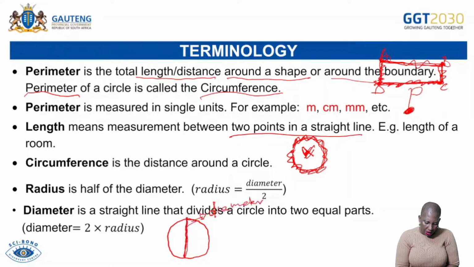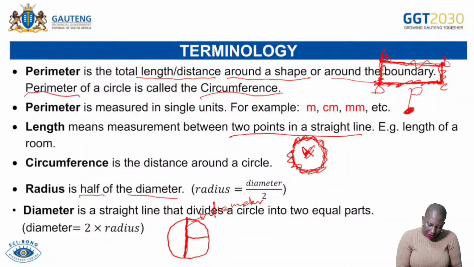And then when you talk about the radius, we say it is half of the diameter. So for the radius we go from the middle up until there. This diameter divides the circle into 2 equal halves.